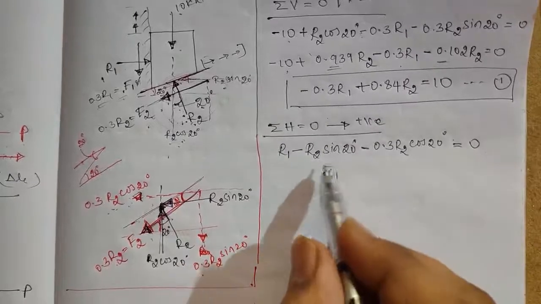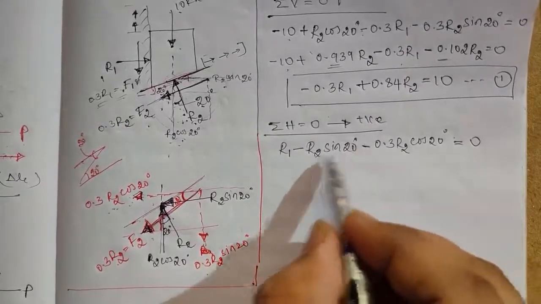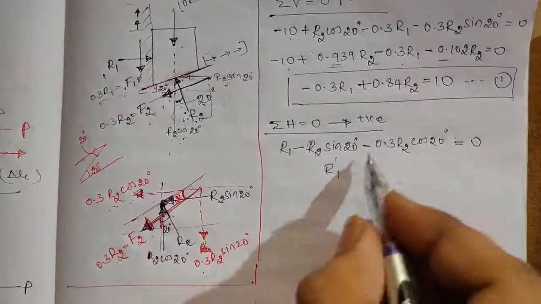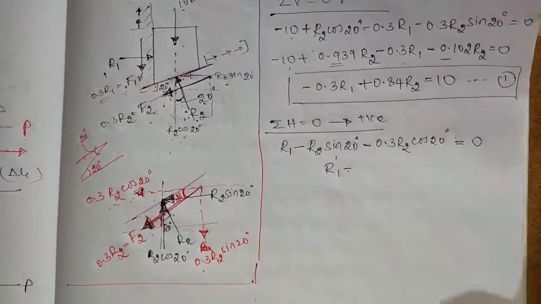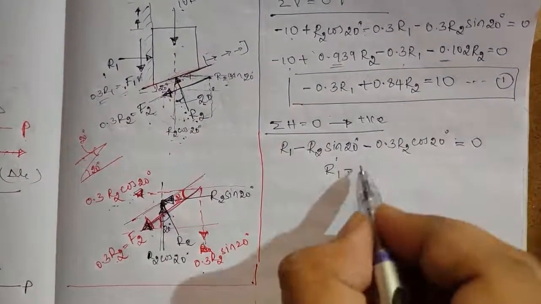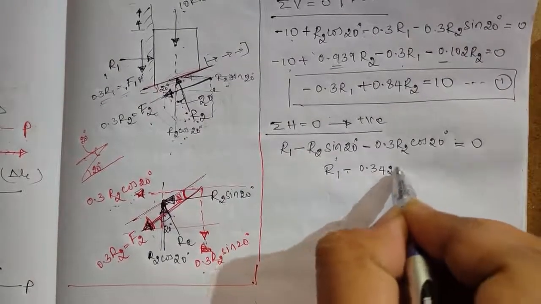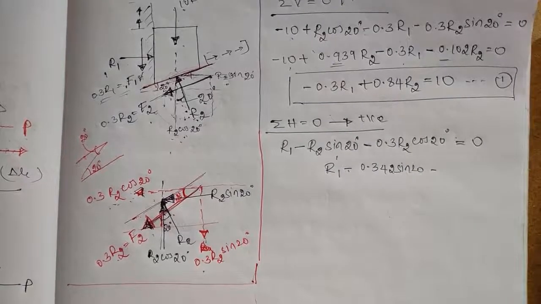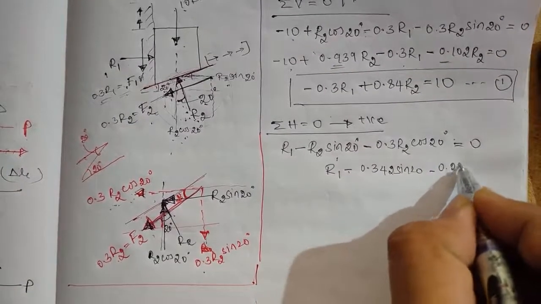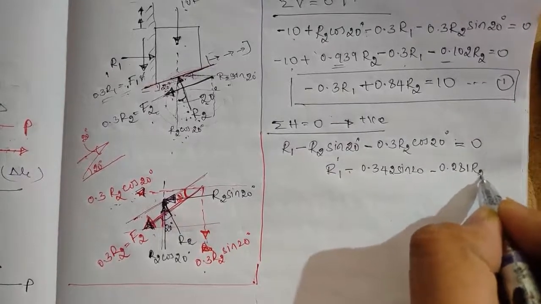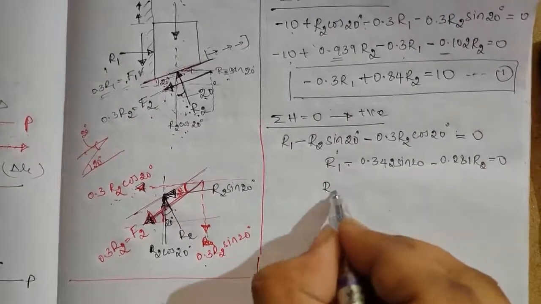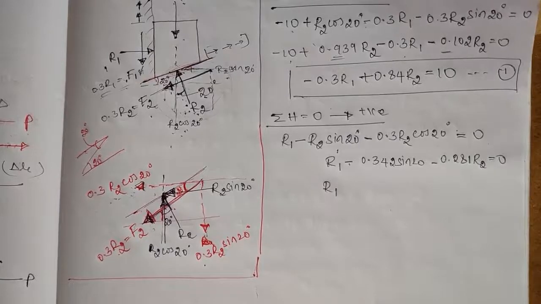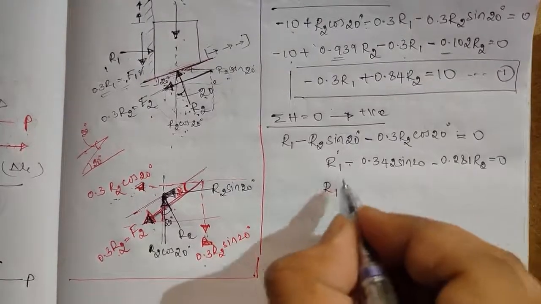Now R1, I'll substitute sine 20 degree and cos 20 degree. So R1 minus R2 sine 20 degree, which is 0.342, and cos 20 into 0.3, which is 0.281. So 0.342 plus 0.281 is 0.62.